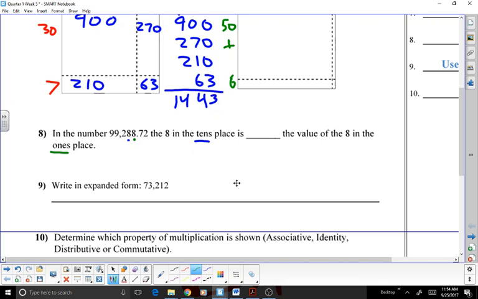Bigger. It's bigger. That means you are going to multiply. It's getting bigger. So you go ahead and put the X because you're multiplying. How many places did you move? It's 10 times greater. You moved one place over.